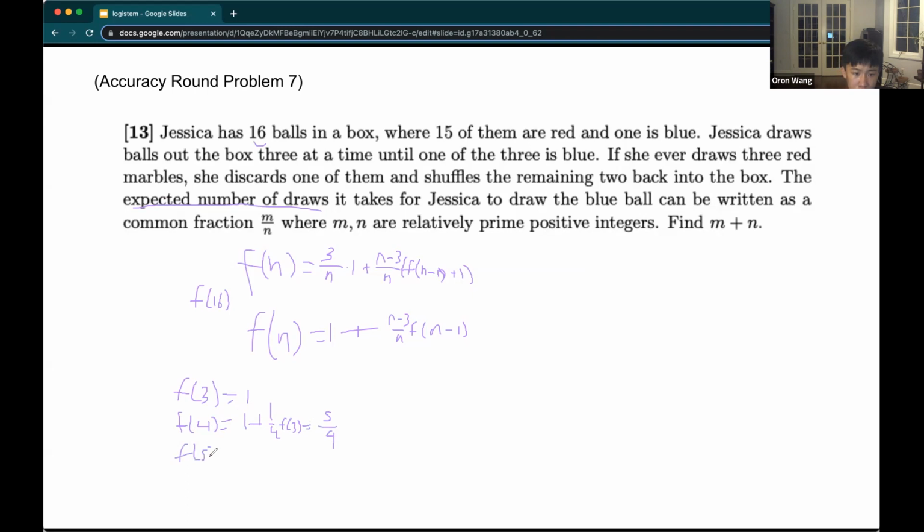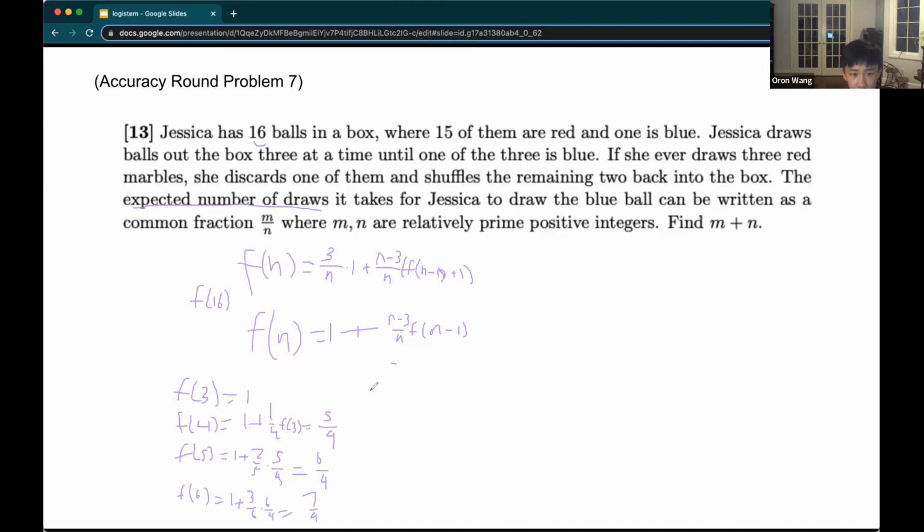F of 5 equals 1 plus 2/5 times 5/4, which is 6/4, and I'm going to leave it unsimplified for now. F of 6 equals 1 plus 3/6 times 6/4, which is 7/4. And hopefully you can see a pattern.